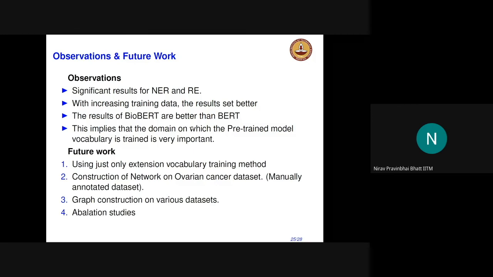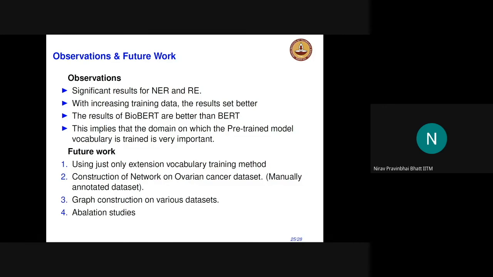Domain-specific vocabulary is more important in pre-trained models, and can we tune this pre-trained model to bring in domain-specific vocabulary and improve its predictability to go towards 70-80%? By the way, that is really good. In future, we want to do some of this analysis with an extensive vocabulary training method.